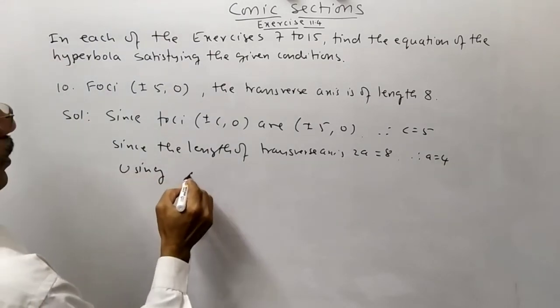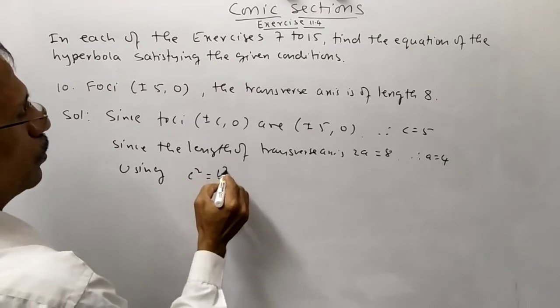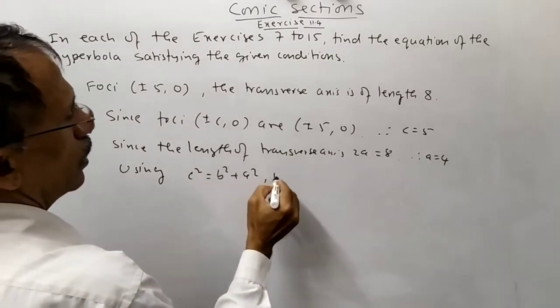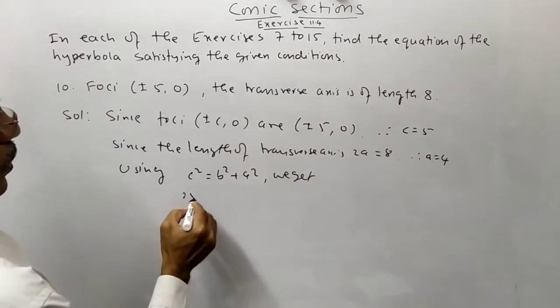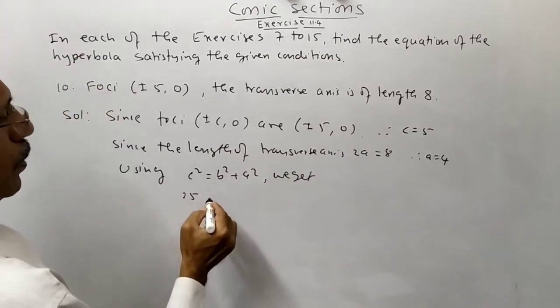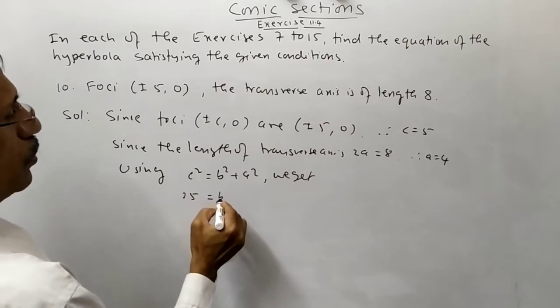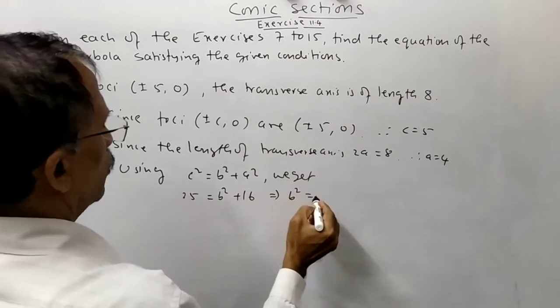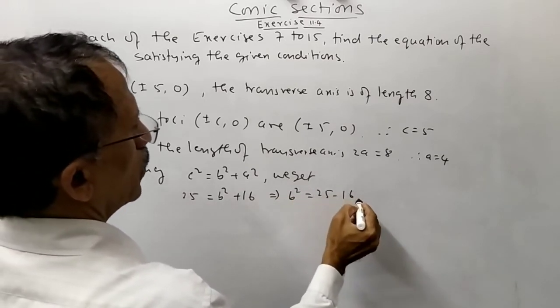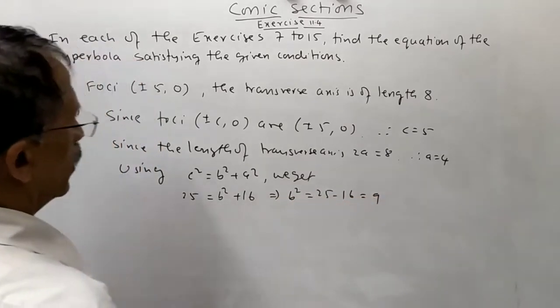Using c square is equal to b square plus a square, we get 25 is equal to b square plus 16. This implies b square is equal to 25 minus 16 is equal to 9.